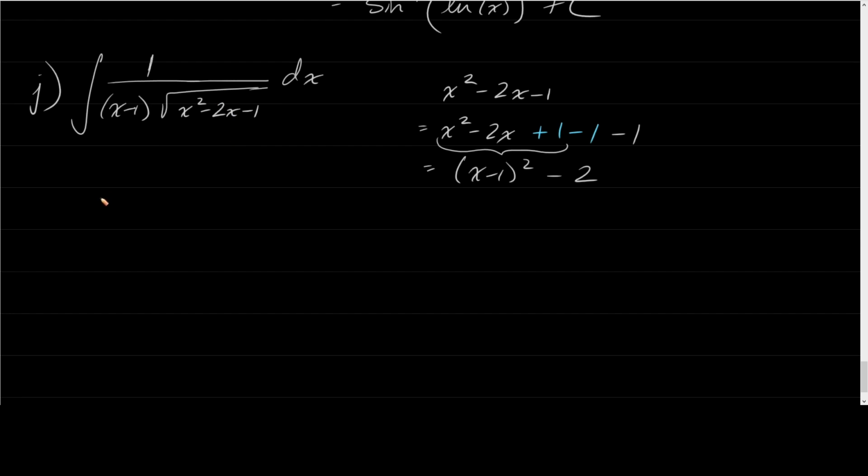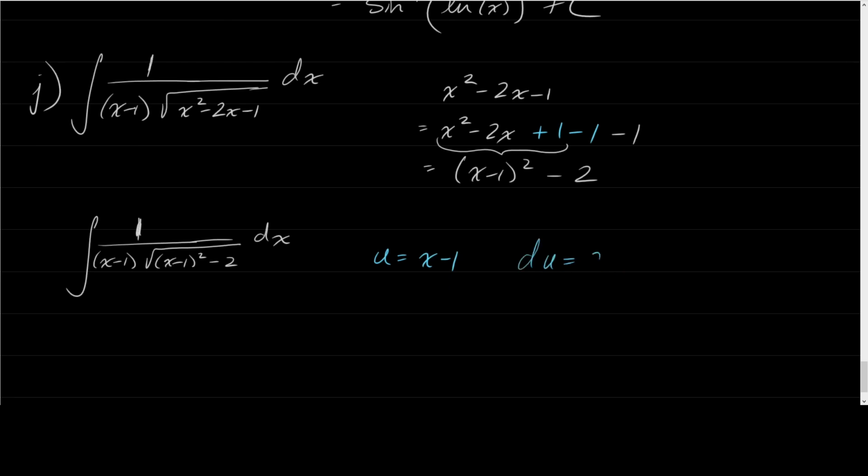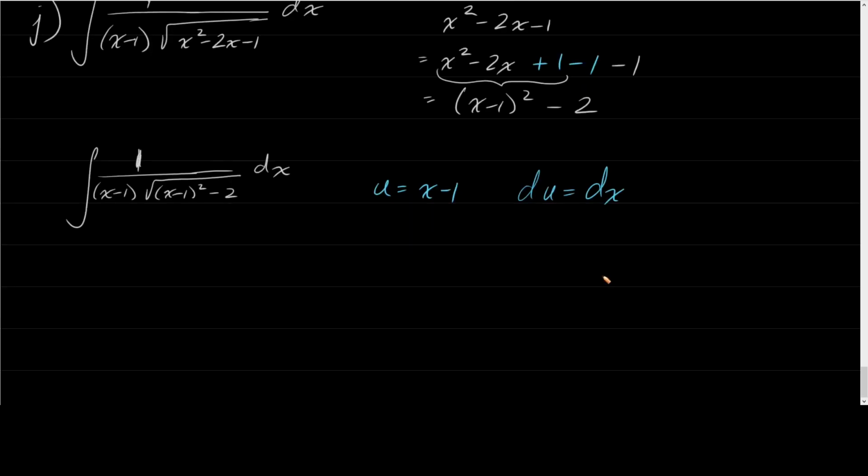So what I got here really is the integral of 1 over x minus 1 times the square root of x minus 1 squared minus 2 dx. And in here, now it becomes clear what our u should be. u should be x minus 1, so du would be just dx.